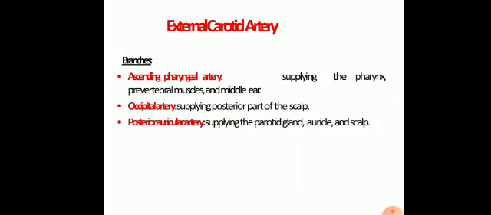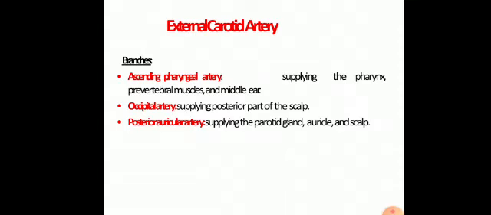The internal carotid artery passes directly into the neck and has no branch in the neck. It supplies the brain. The external carotid artery supplies the structures in the head and neck.